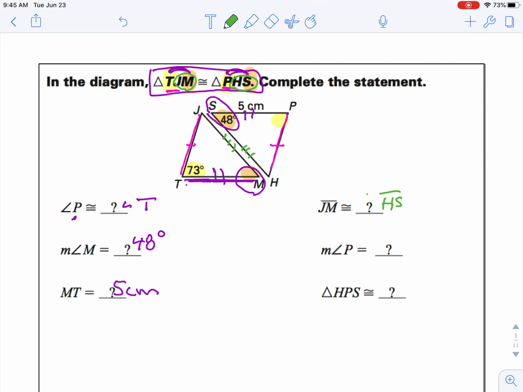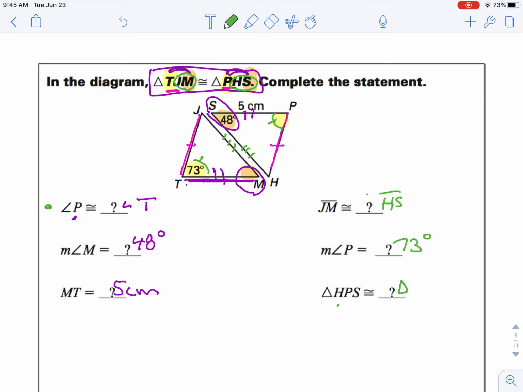Now, the measure of angle P. The measure of angle P is going to equal what value? Well, remember that P and T were the ones that were corresponding congruent from over here. So if T is 73 degrees, so is P. And triangle HPS is congruent to what other triangle?